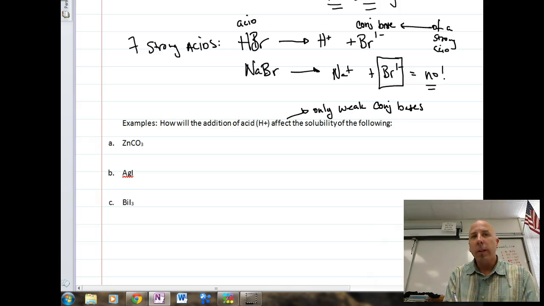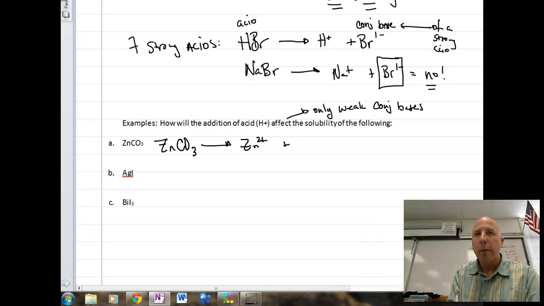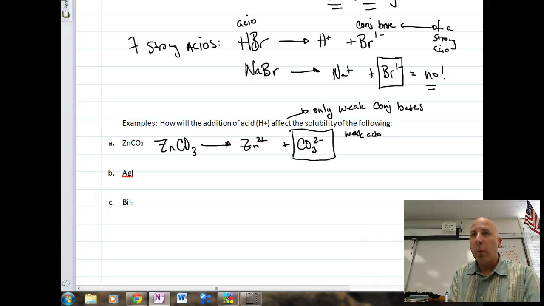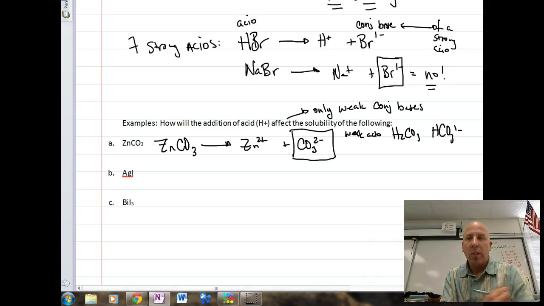So let's look at some of these examples, and we'll see if we can get to an idea of what this is all about. It says, how will the addition of a hydrogen ion or an acid affect the solubility of each of the following? And we've got zinc carbonate. So we'll just real quickly write zinc carbonate being placed in water. Okay, and so we're going to take a look at this conjugate base right here. Now, this conjugate base is the conjugate base of a weak acid, and that weak acid would be H2CO3, carbonic acid, or we could even say HCO3 1 minus, with the addition of just one hydrogen.